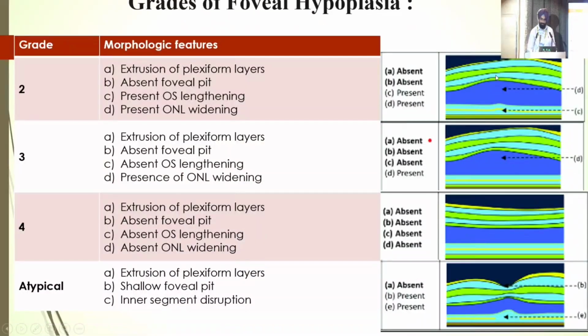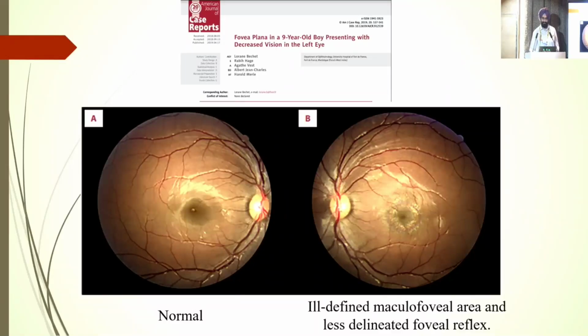On 2, the foveal pit is absent. In stage 3, the cone widening is absent. And stage 4, outer nuclear layer widening is also absent. Atypical when these features are associated with some drusen or PED anomalies. So this case was reported in a 9-year-old boy, ill-defined maculofoveal area with a less delineated foveal reflex.